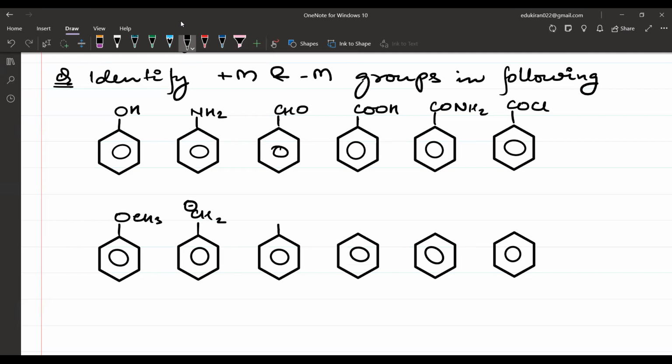You can have an amide group like this. You can also have COCH3. What else you can have? You can have oxygen followed by C double bond OCH3. Or what else you can have?